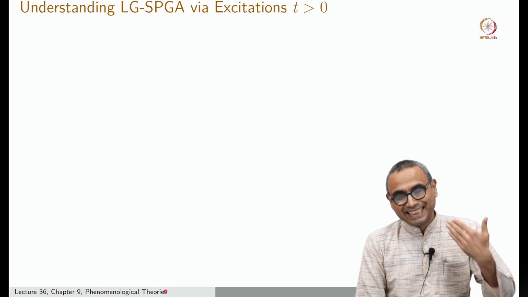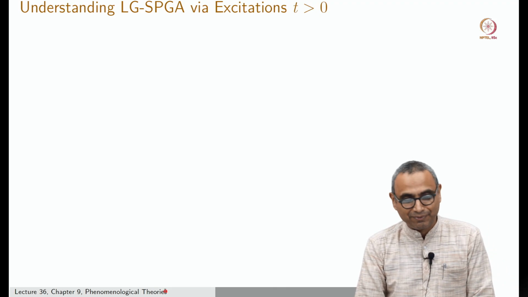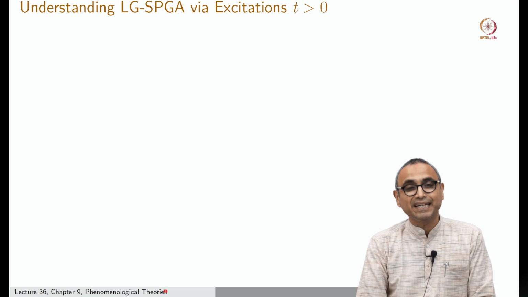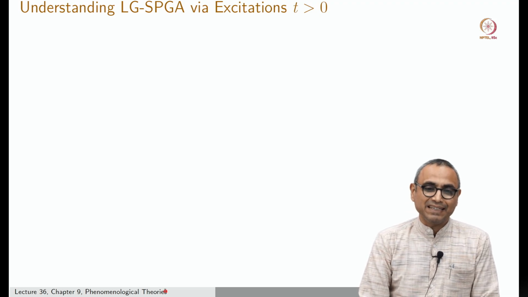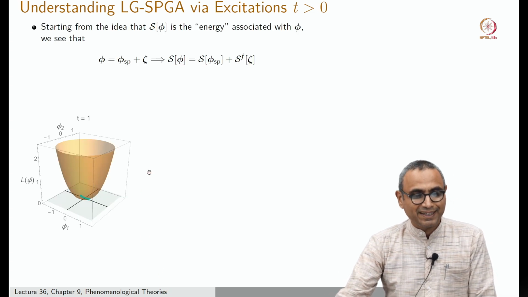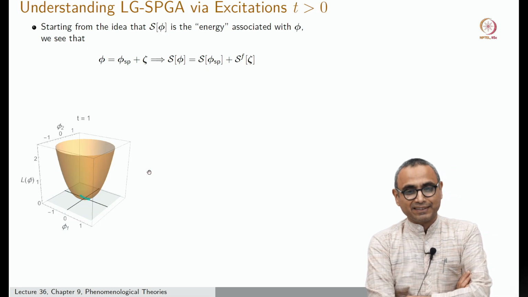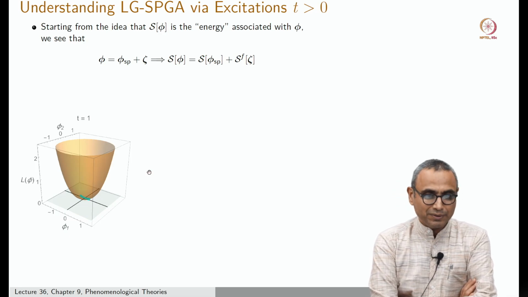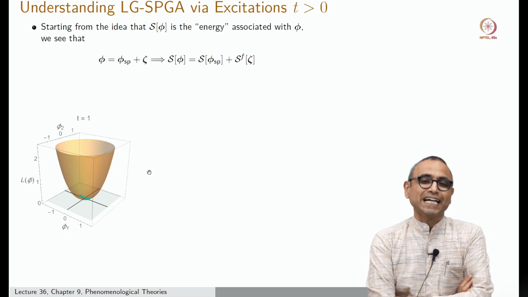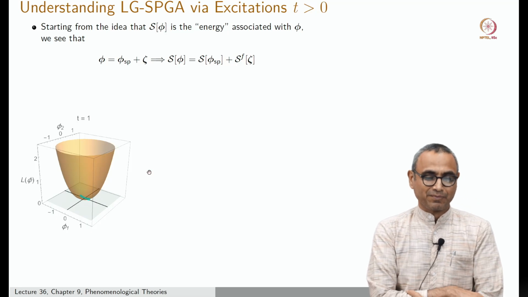Let us proceed and explore the different types of excitations that we have in these systems, and let us see what those excitations are doing. Okay. So let us say that we are above the transition, so t is greater than 0, and we are going to think about what the saddle point approximation actually means.